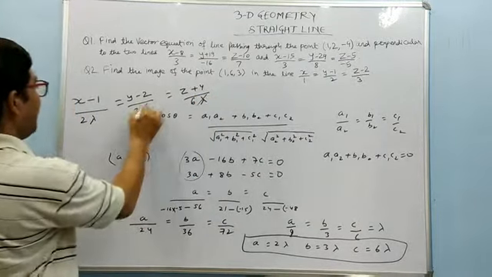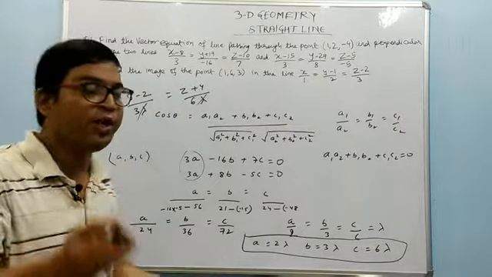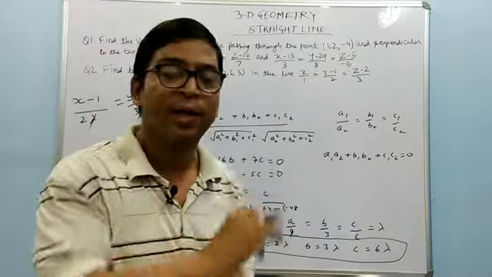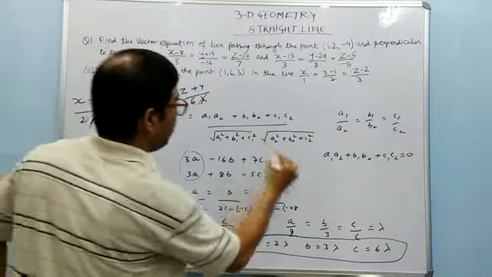Now you cancel out lambda and this is the required Cartesian equation of the straight line. Now if you need to find the vector equation of the line, what will that be?